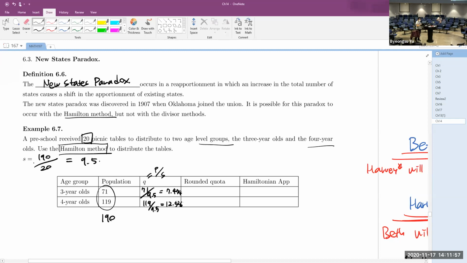12.52. The rounded quota in the Hamilton method is just rounding down. So the first one should be 7, the second one should be 12. If you add those seats, you get 19 seats. But we have 20 picnic tables, so there is one remaining table here.